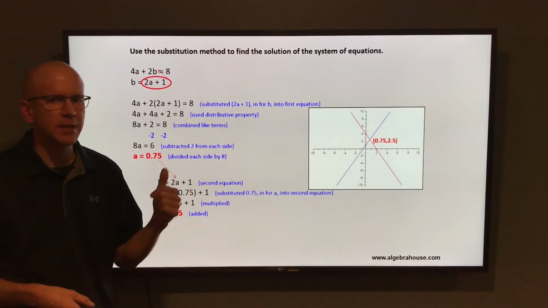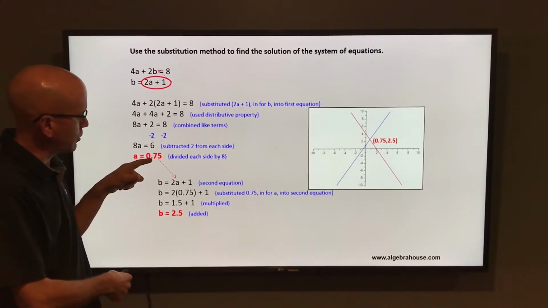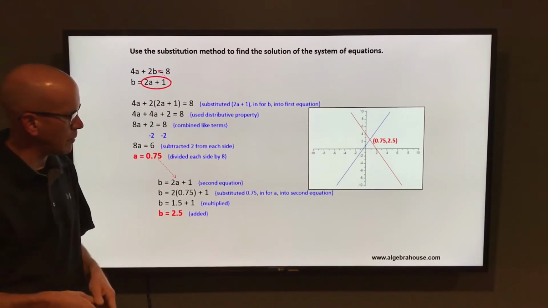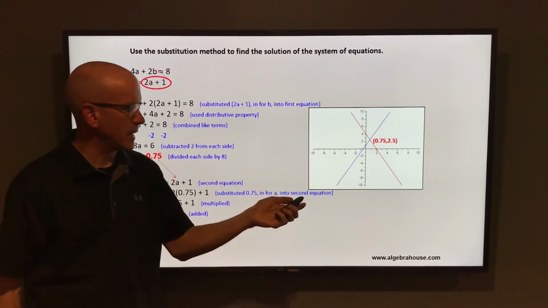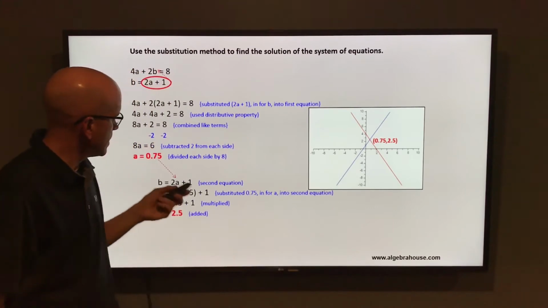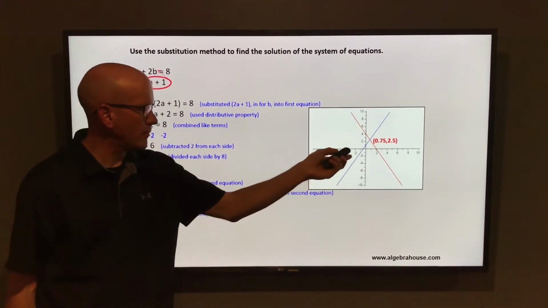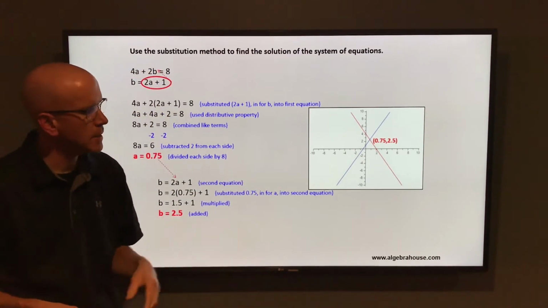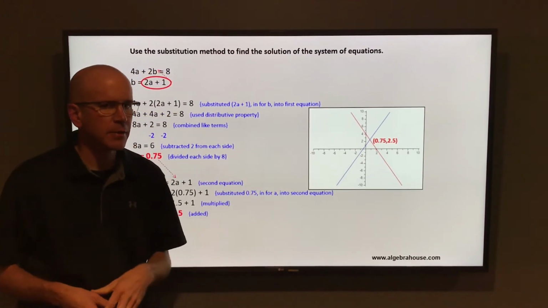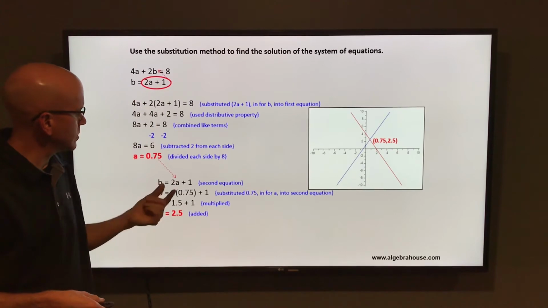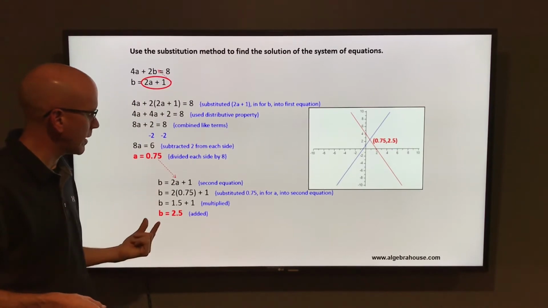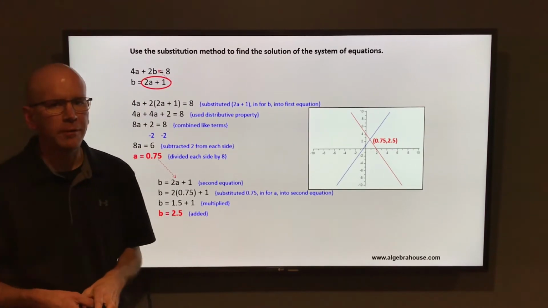So the point of intersection of these two lines, a is 0.75, b is 2.5. Just like you have an x-axis and a y-axis, the a-axis, 0.75, the b-axis, 2.5. So the point of intersection of these two lines is 0.75, 2.5. So we solve that system of equations, a equals 0.75, and b equals 2.5.